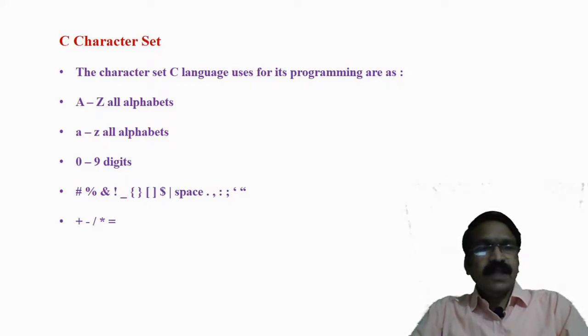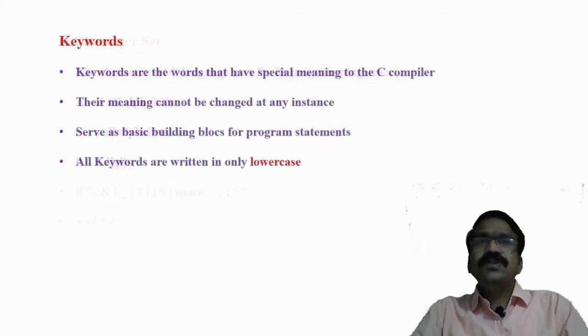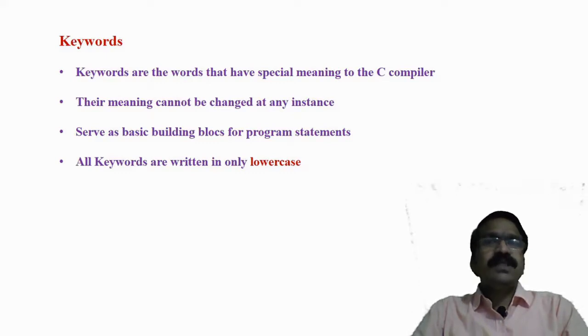Now we will see how, using this character set, we form keywords. Keywords are the words that have special meaning to the compiler. Their meaning cannot be changed at any instance. There are some special words that are already defined to the C compiler.